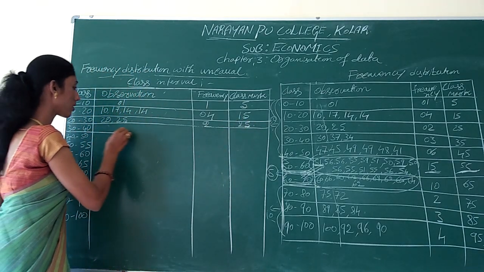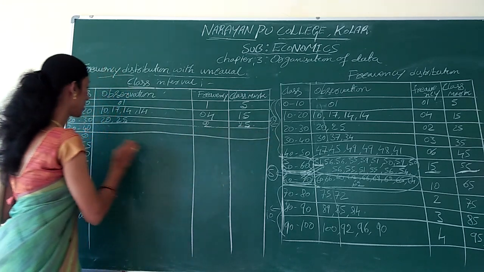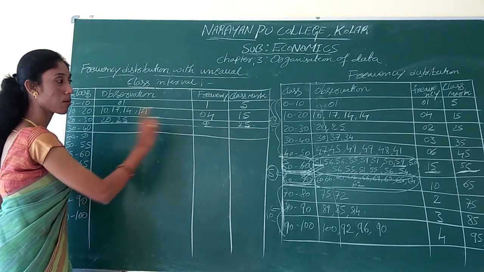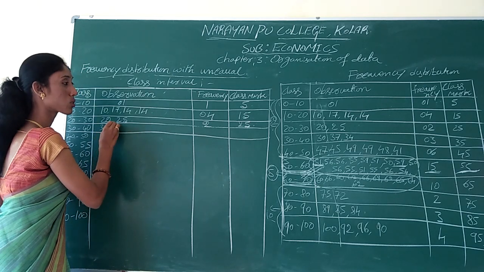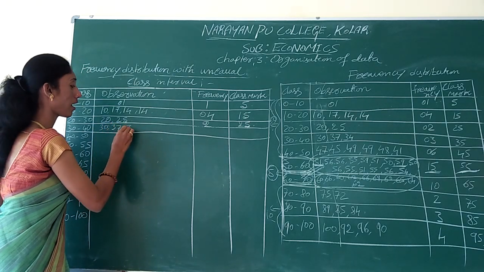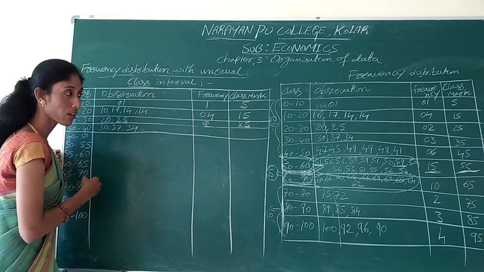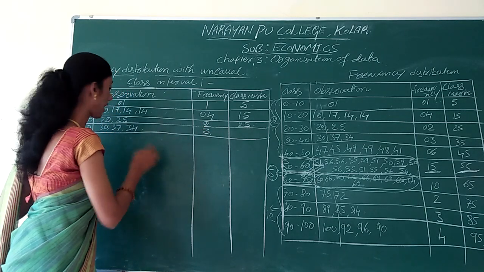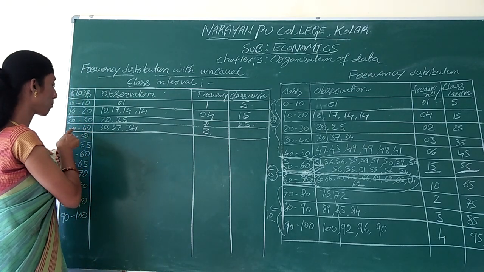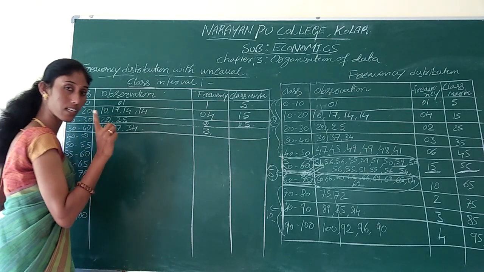Next come to 30 to 40. Here the observations are 3: one is 30, next 37 and 34. We write 3 as the frequency, and the class mark between 30 and 40 is 35.